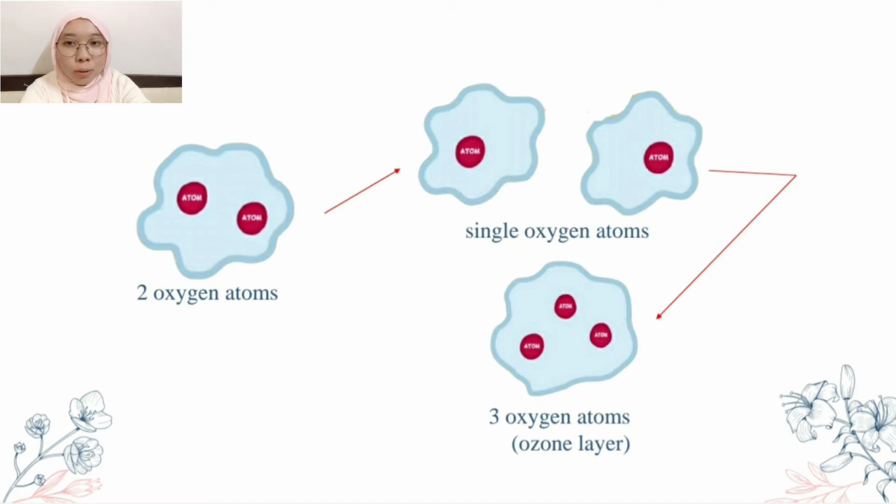So it forms O3. This layer is about 3 to 5 mm in thickness and surrounds the Earth, shielding and protecting the Earth from harmful radiation coming from the sun. So the ozone layer is O3.